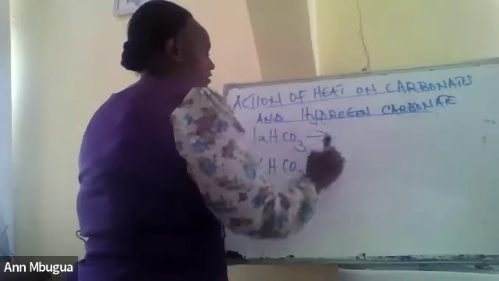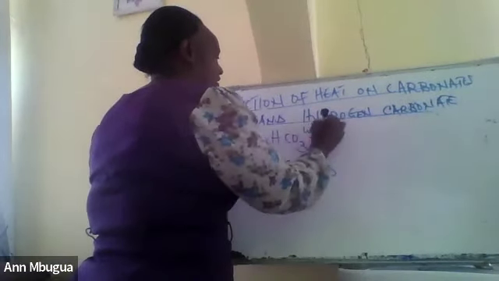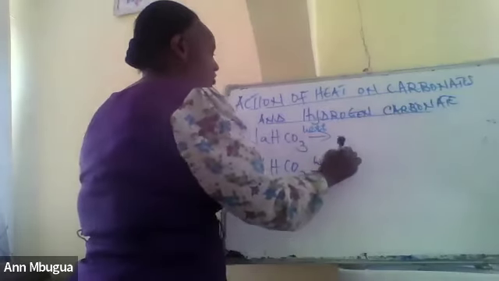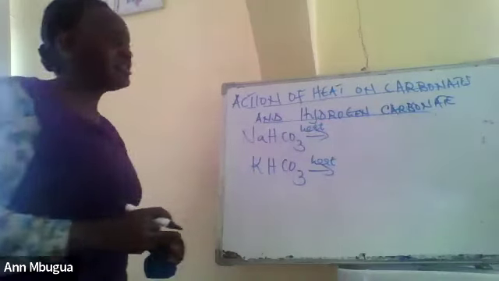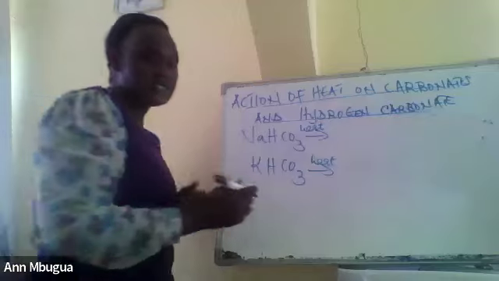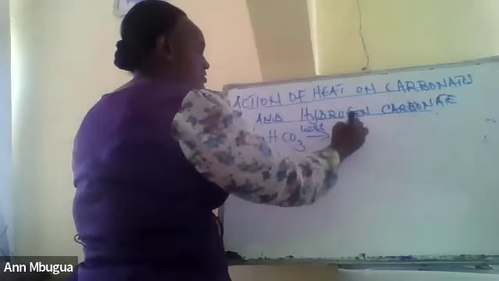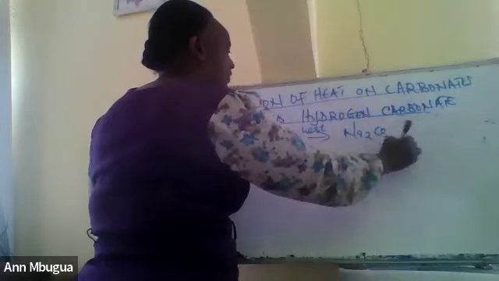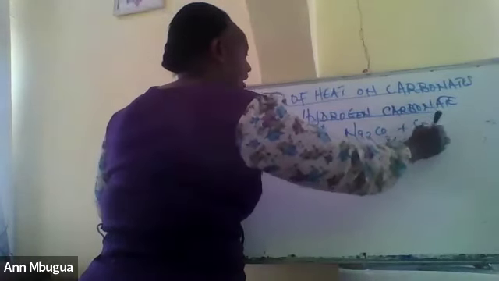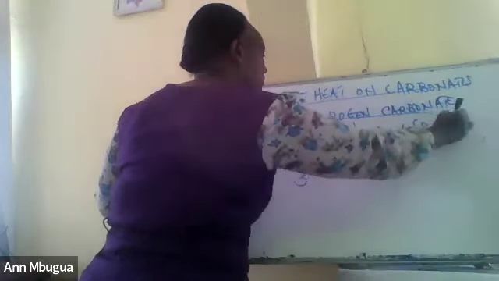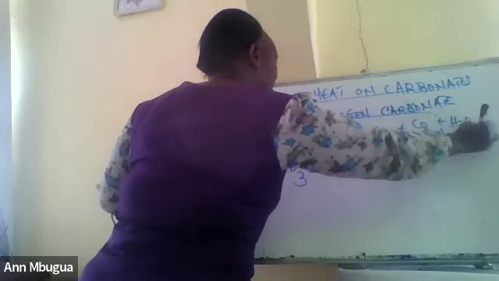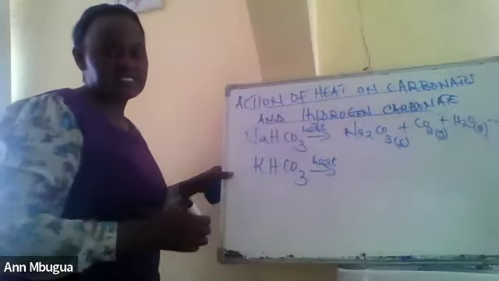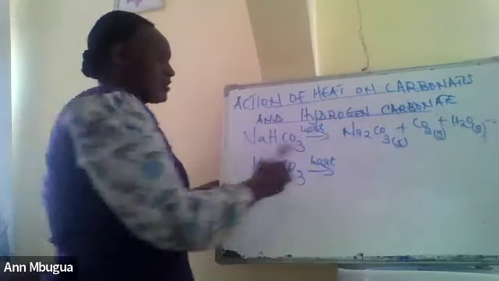But these two, when heated, decompose to the corresponding metal carbonate. So the corresponding metal carbonate in this case is sodium carbonate. The other product is carbon 4 oxide, and the other product is water.